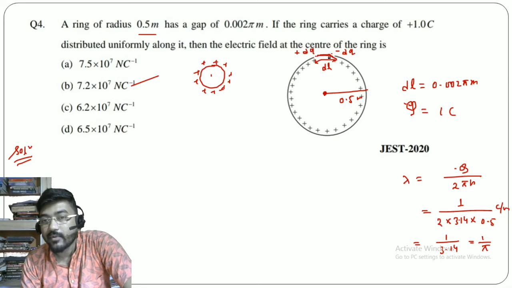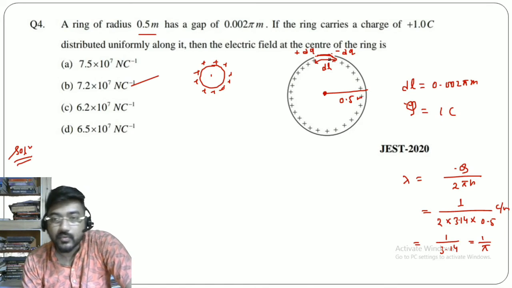Then the condition is satisfied, because the net charge is 0. Previously the charge was 0 when there was nothing, and if we place plus dq and minus dq, the charge is also 0. So the condition of the question is satisfied.